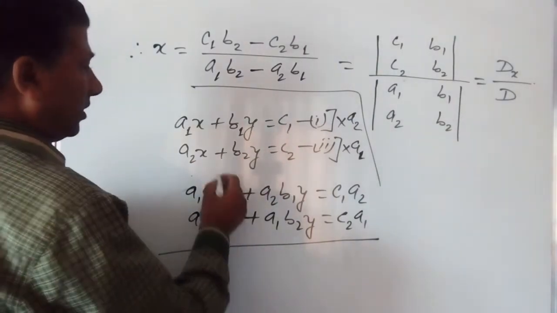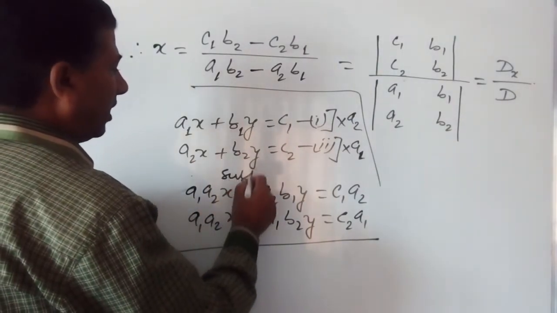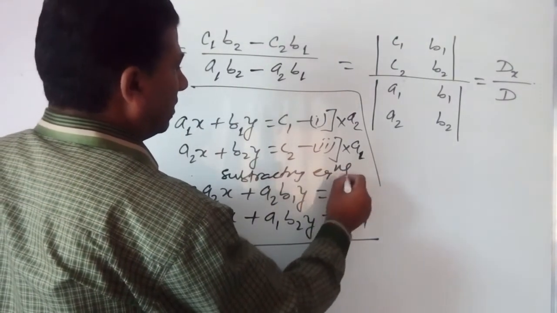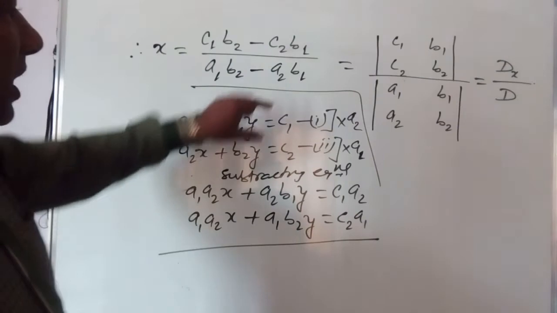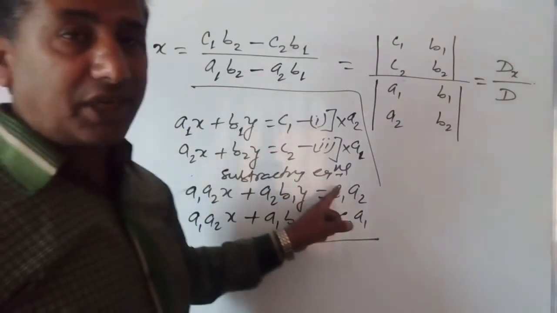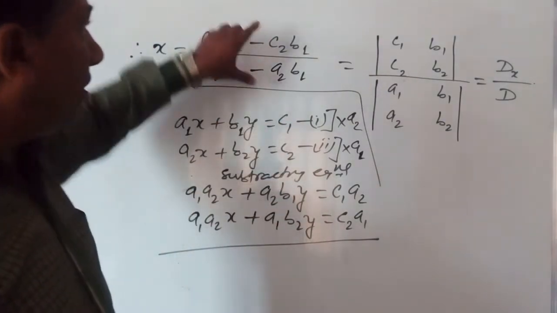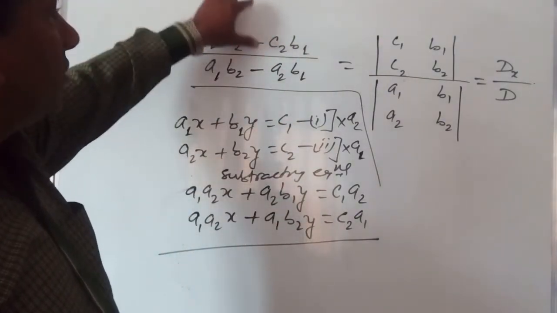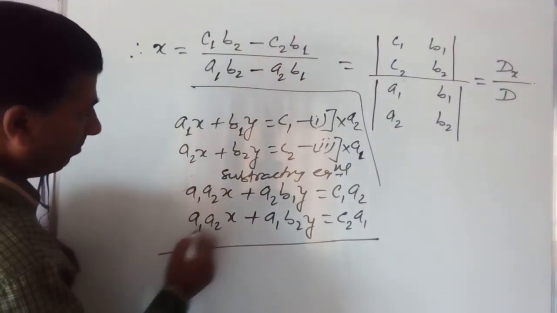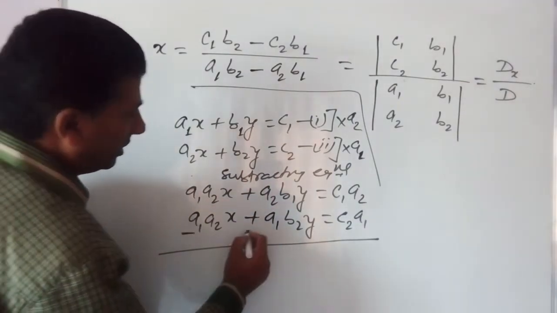After multiplying equation 1 by a2 and equation 2 by a1, we subtract the equations. I didn't write that because we have already done it here. The same method I am repeating here, but in short form. Subtraction means the sign will be changed.